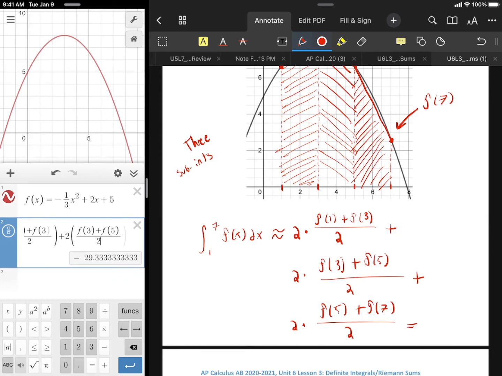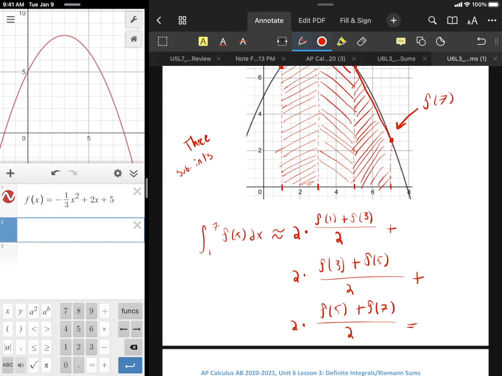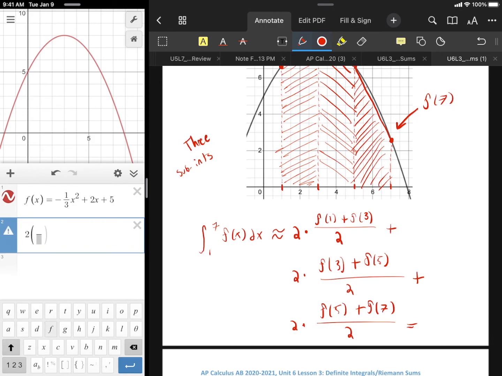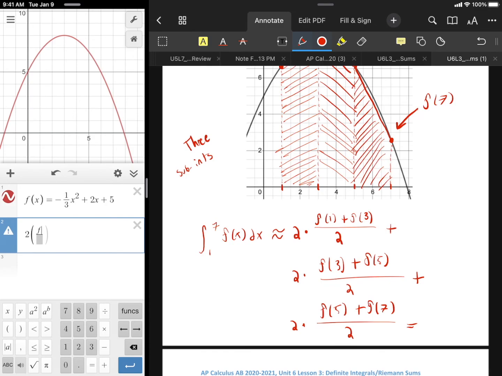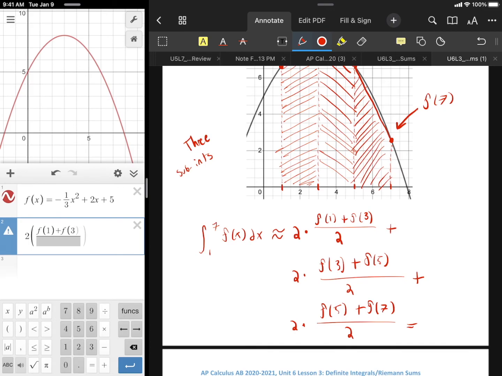Right, and so in this case, I'm writing it all out just so you can see the math here, right? But really, you could notice a little shortcut here is that these 2's will cancel. So we'd have 2 times f of 1 plus f of 3 all over 2.